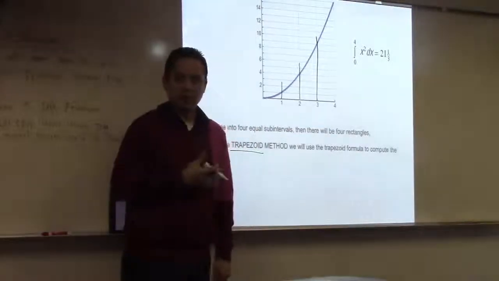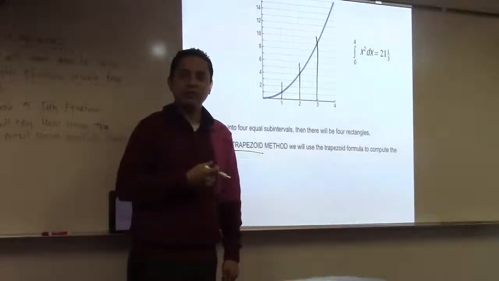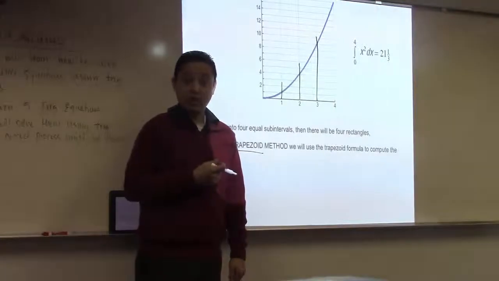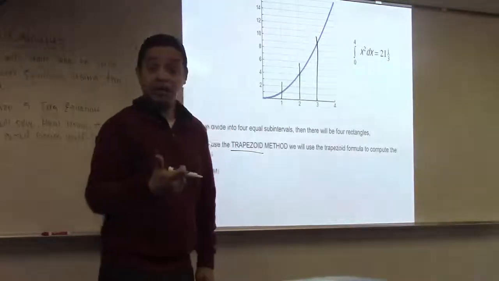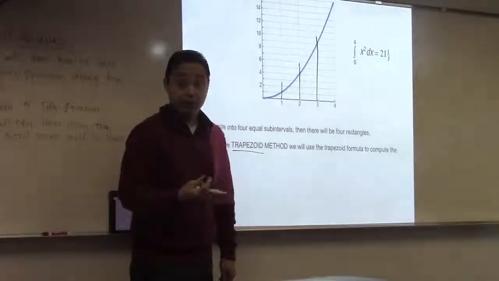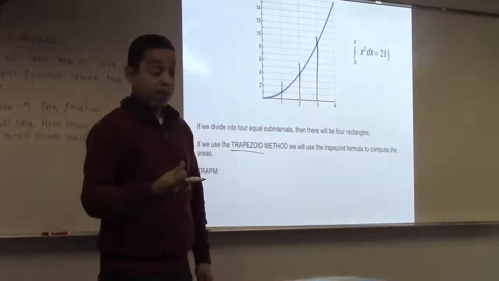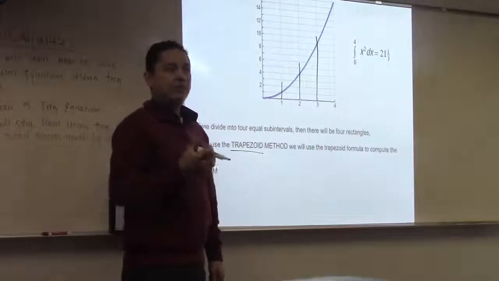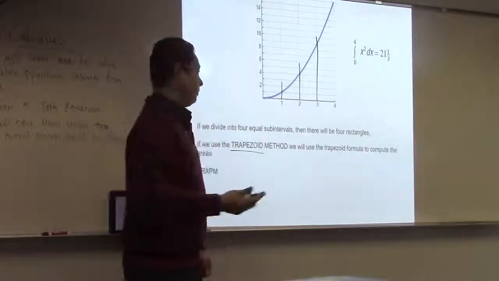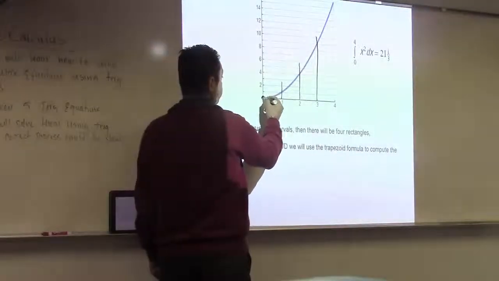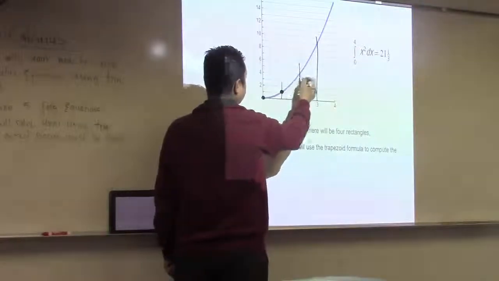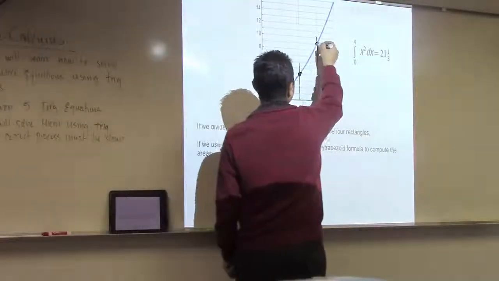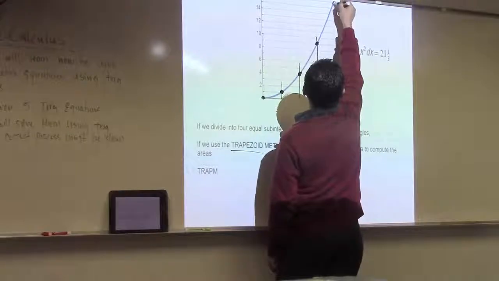I mean, we have used dots on the previous 3 methods. Yes, we are. We're not going to do it on the left for the left. We're not going to do it on the right for the right. We're not going to do it in the midpoint for the midpoint. We're actually going to do it on both sides. So it's a combination of LRAM and RRAM. So we're going to put a dot over here, here, here, here, and the last one up there.